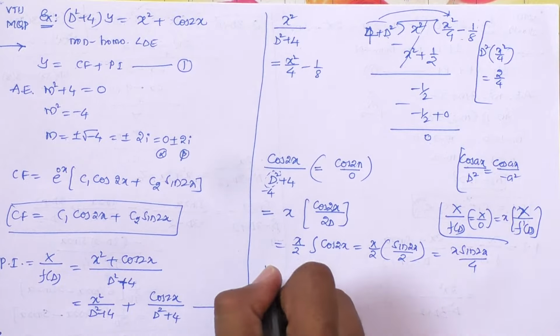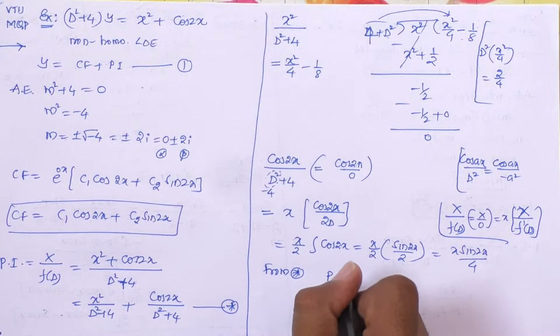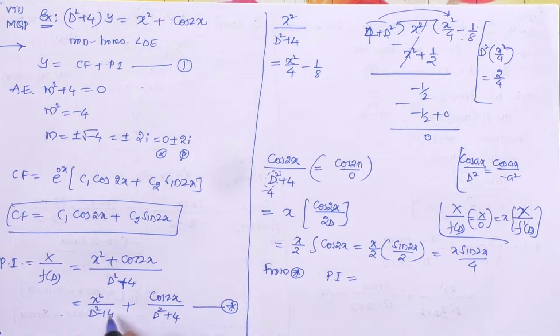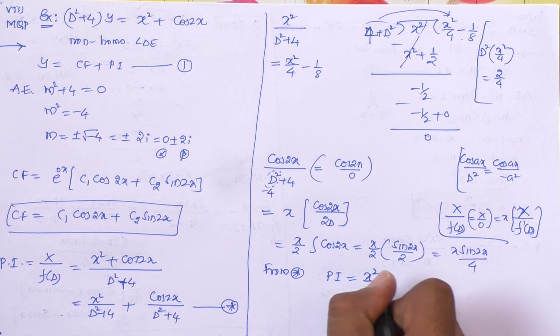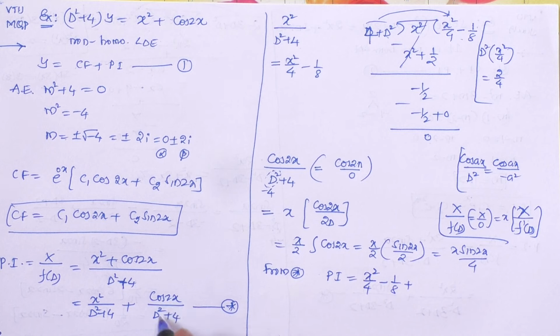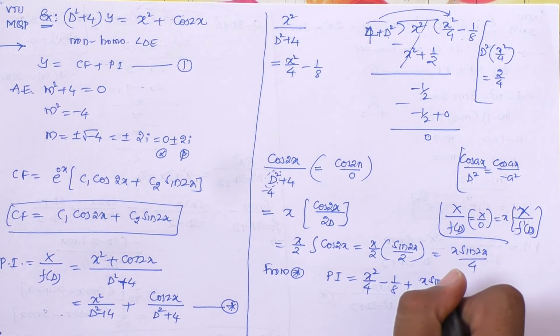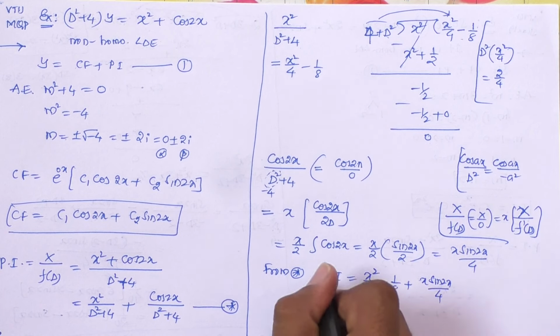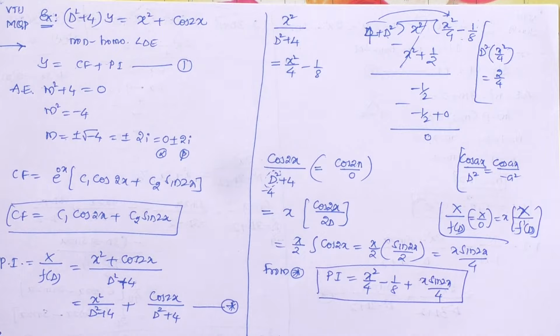So from star, PI equals the first term x square by d square plus 4, that is x square by 4 minus 1 by 8, plus the second term cos 2x by d square plus 4, that itself is x sin 2x by 4. So this is PI, the required PI.